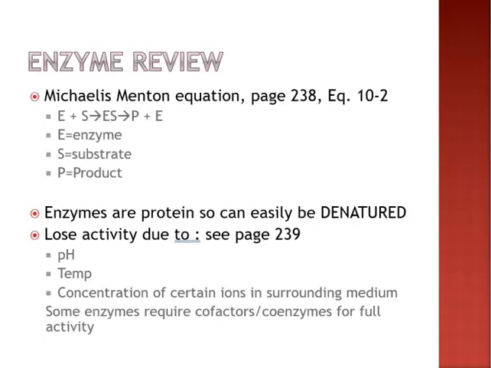The enzyme's going to come out unaltered. These enzymes are proteins, so they can be easily denatured. Enzymes can lose their activity due to pH, temperature, or concentration of ions in the surrounding medium. Some enzymes even require cofactors or coenzymes for full activity.